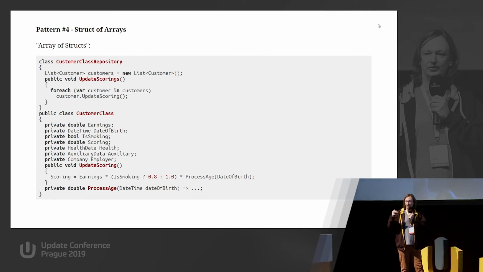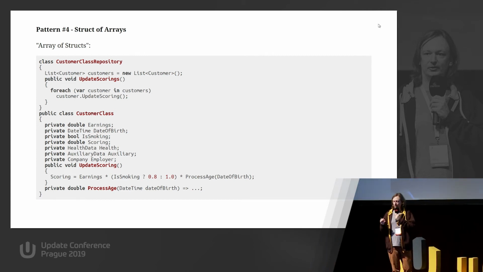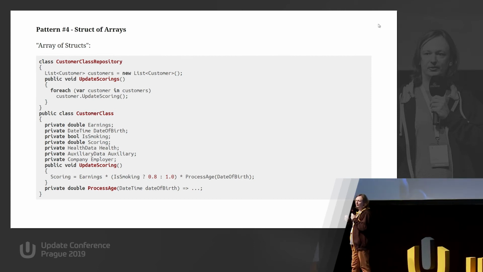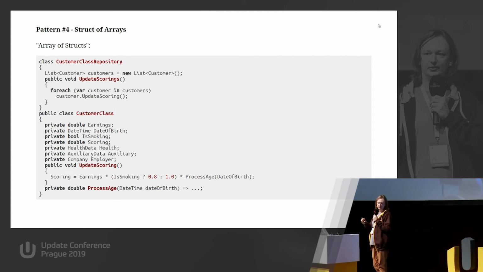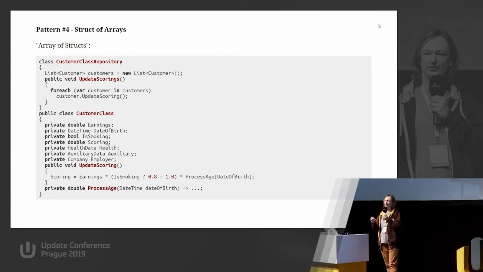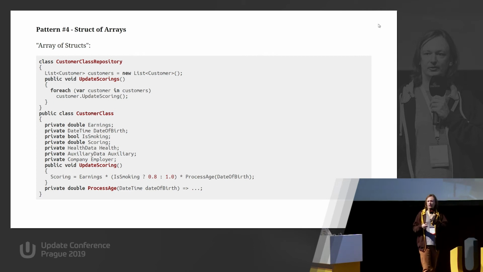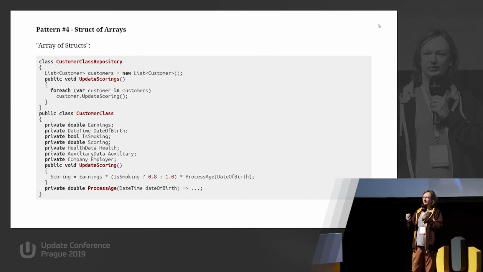We have this algorithm, UpdateScorings, which is very popular, very important for us, and we want to make this UpdateScorings algorithm fast. This is modeled in an object-oriented way. So we have some object, and in UpdateScorings we are just accessing these fields somehow because our algorithm looks like that. But okay. This is how we would model it without thinking anything about memory.